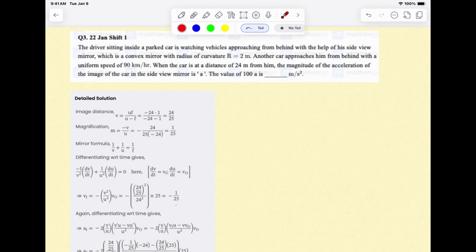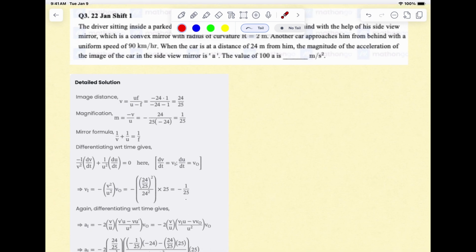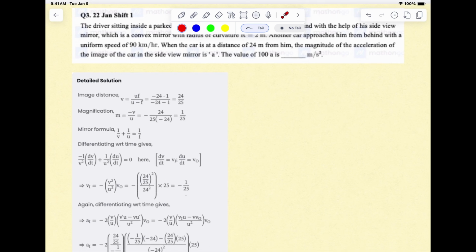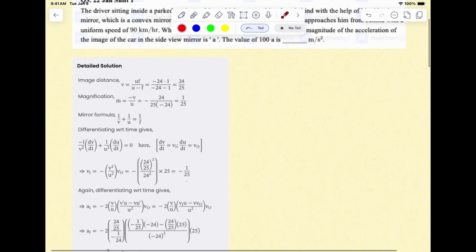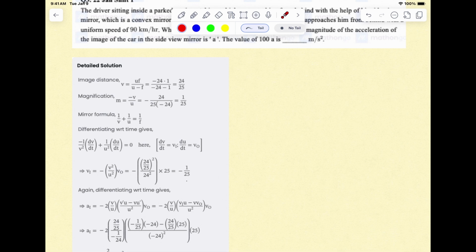Now, most of the students may not know how to solve it. After the exam is over, the coaching institutions normally publish a solution. Therefore, a well-established coaching solution is also given here. This is a very good way of solving the problem.